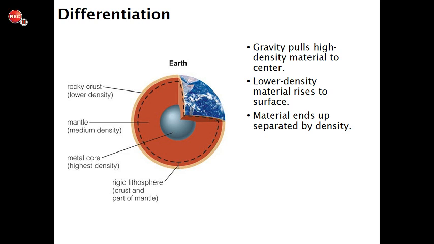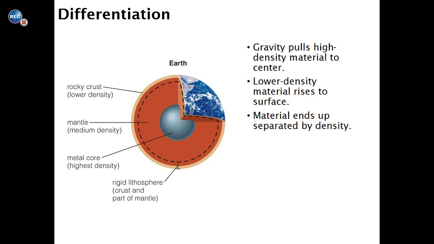Now, the reason they're separated out by density has to do with their formation. They were molten and at high temperature when they formed, because all of the energy from the accretion process is going to heat up the planet. And so it's very easy for liquids to separate out by density, and the molten metal is going to separate out in the same way.